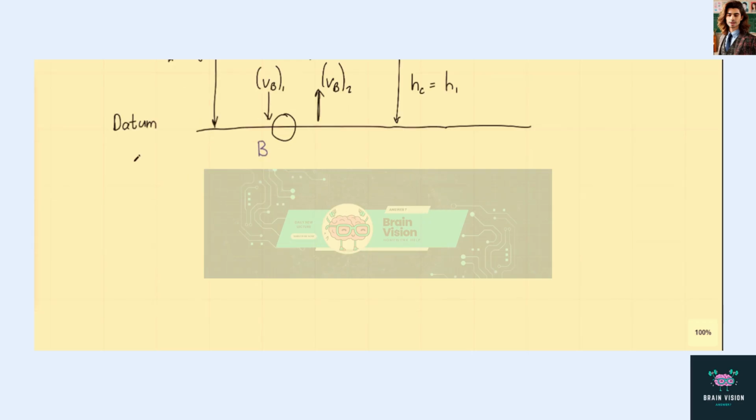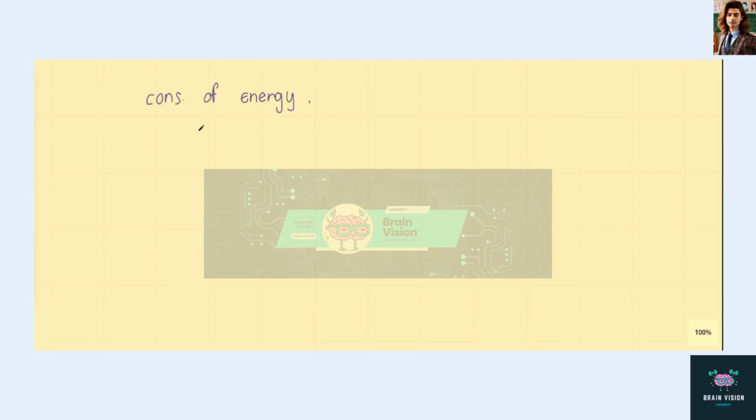So the first thing we will do is apply the conservation of energy, and we will use the ground as our datum. Now, the conservation of energy tells us that the kinetic energy at point A plus the gravitational potential energy at point A, TA plus VA, must equal the mechanical energy at point B, TB plus VB.